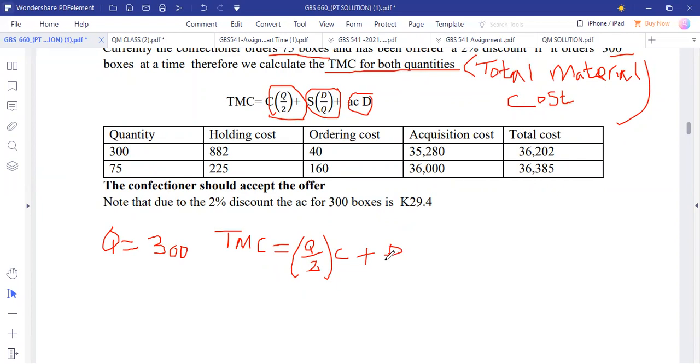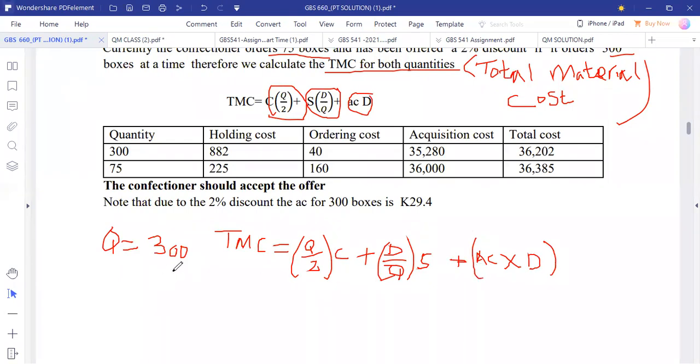Then we divide by Q. Then we multiply by S. All right, then plus acquisition cost, then multiplied by annual demand. So this is what is going to happen.